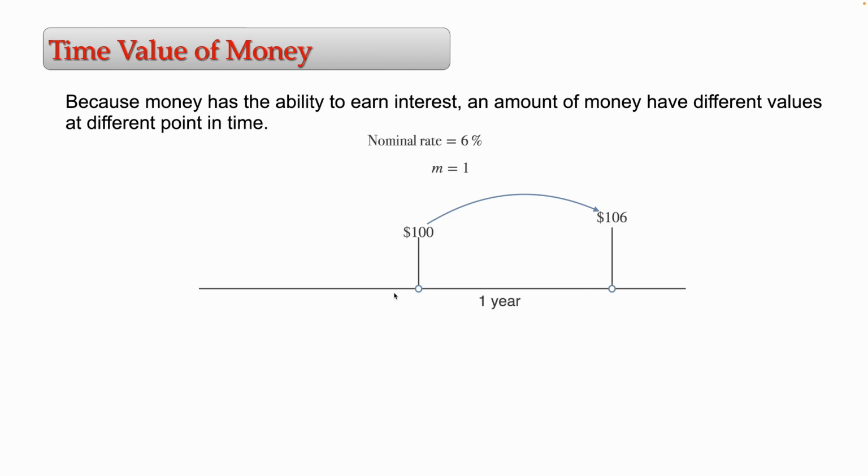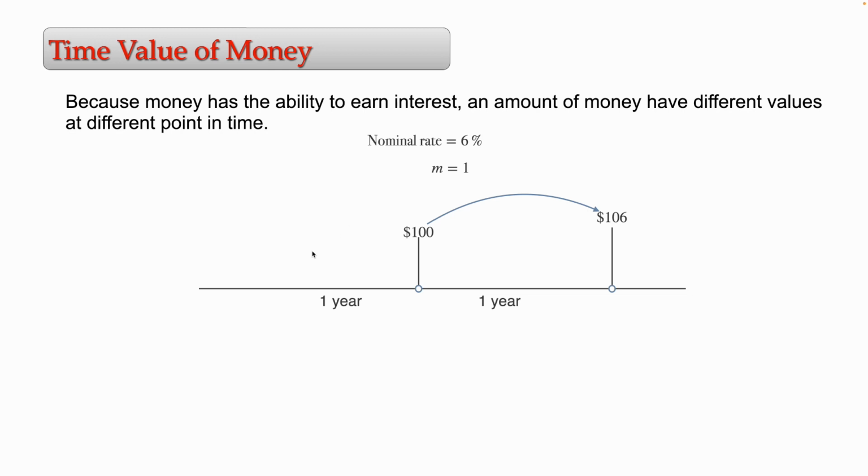And the same, if we go backward in time, if we compute 1 year before, what was the value of this $100? Assume, for example, that this is a debt that you owe, $100, scheduled to be paid at this moment. If you pay 1 year earlier, for sure you're going to get a discount.